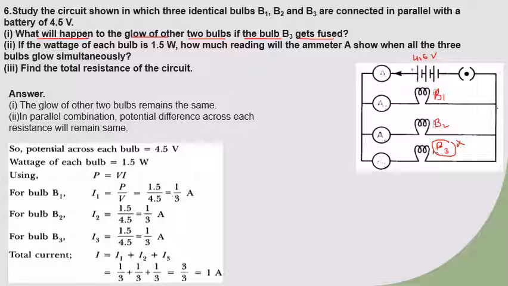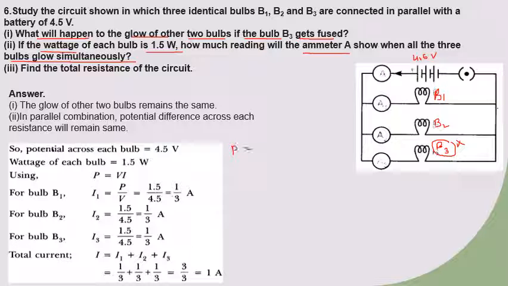If the wattage of each bulb is 1.5 watt, how much reading will the ammeter A show when all three bulbs glow simultaneously? So we have to find out the reading of the ammeter. For that, we use the formula P is equal to VI.